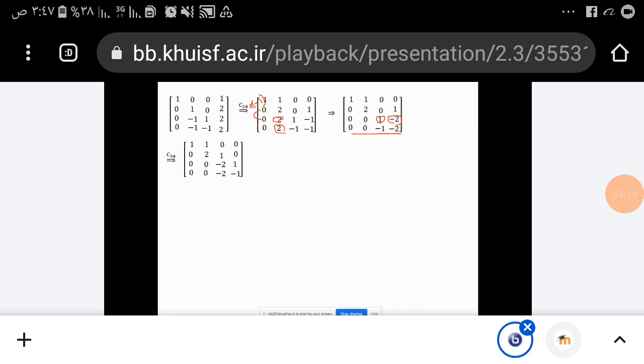Okay, 0 1 -2 -2, 0 1 -2 -2, 0 0 1 -1, 0 0 1 -1. Now we want to use this entry to make this one 0. Okay, we multiply these rows by -1 and add it to the first row.